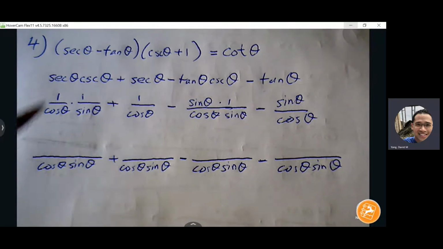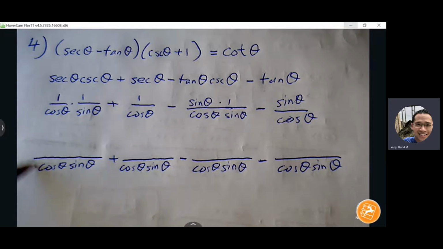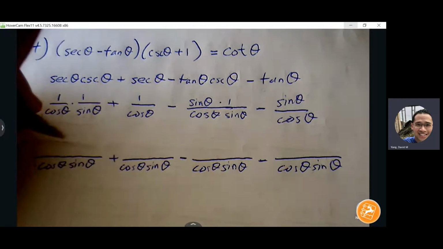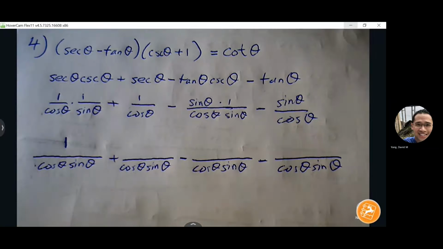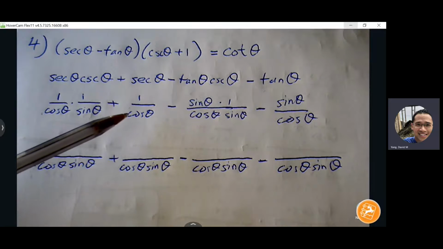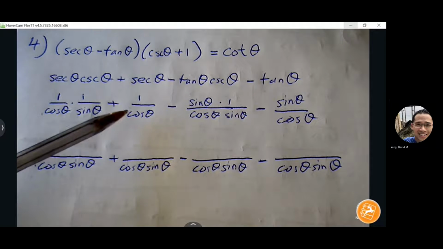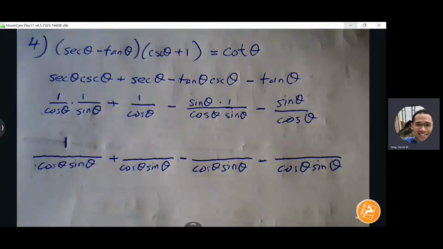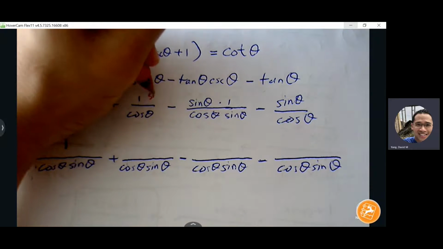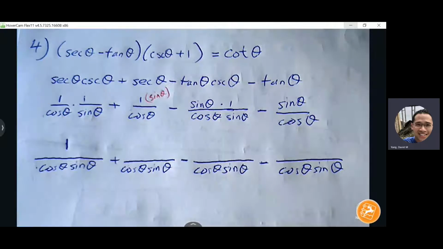Okay, so let's look at each fraction to see if there's any adjustments that need to be applied. Any changes from this denominator to the new one? No changes, so just bring down your numerator. Any changes from the old one to the new one? By sine, right? I need the sine, so that's why I'm going to have to adjust the top as well.